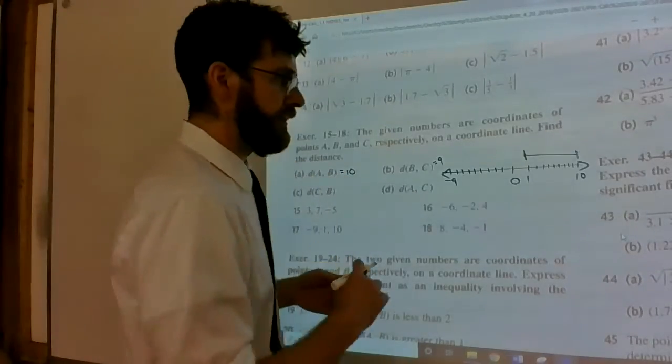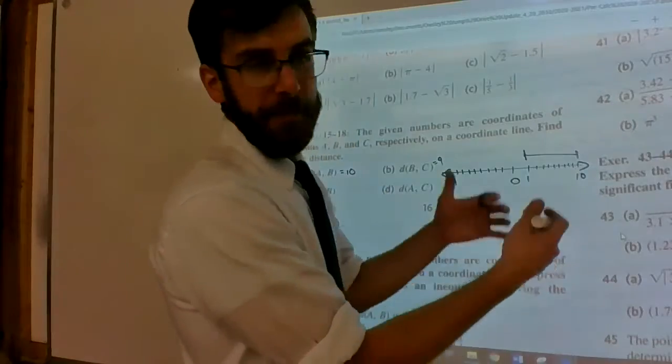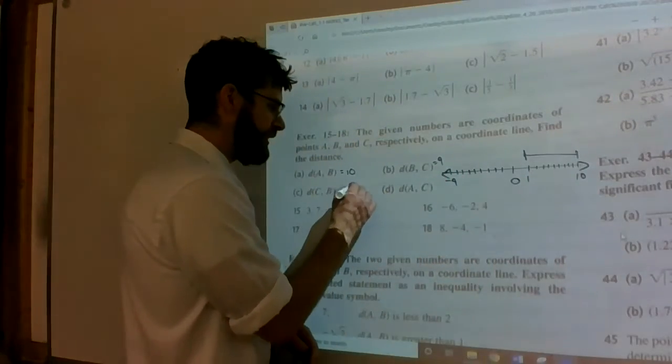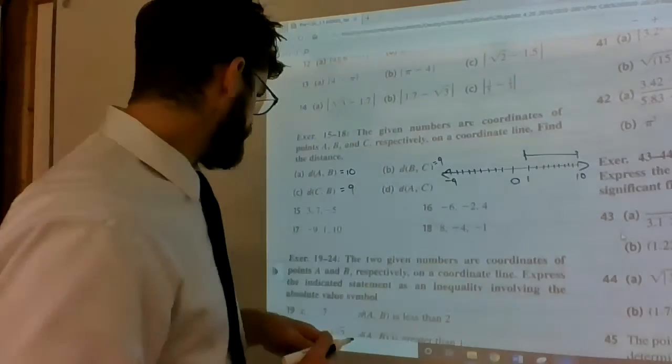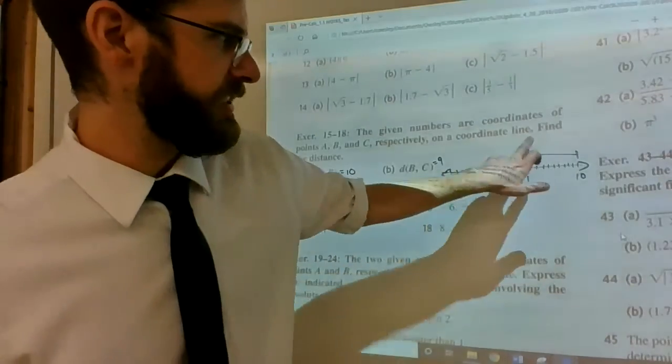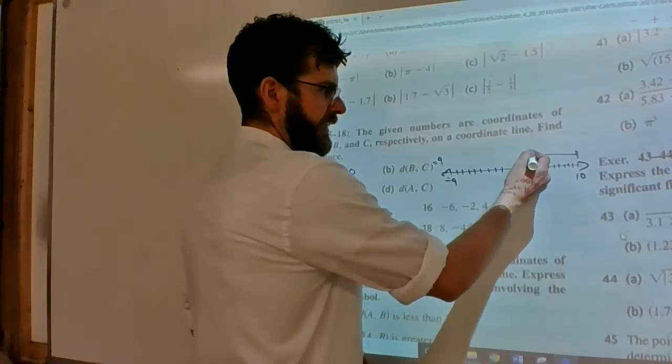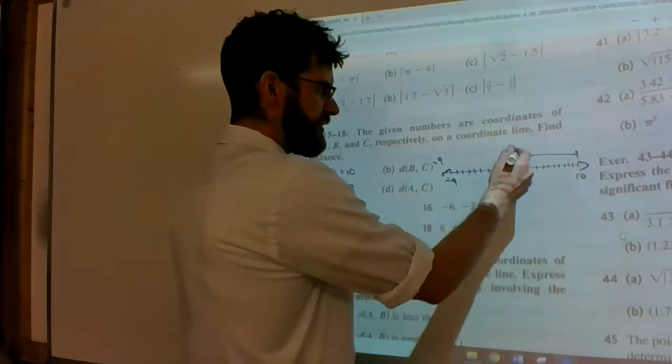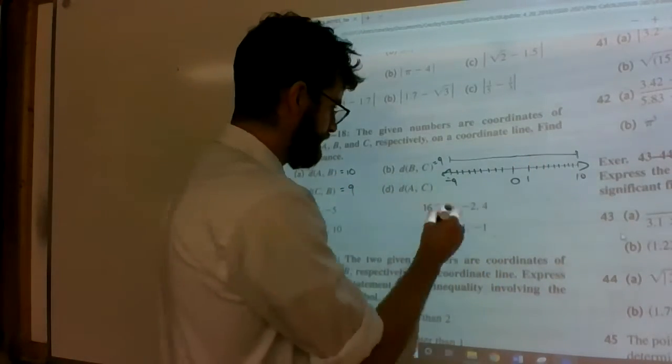So it's going to be 1 minus 10, absolute value bars, doesn't matter. That's also going to be 9 units. And then when you go all the way from A to C, A was our -9, C was our 10. That's going to span 10 units here, 9 units here, add them together, and you get 19.